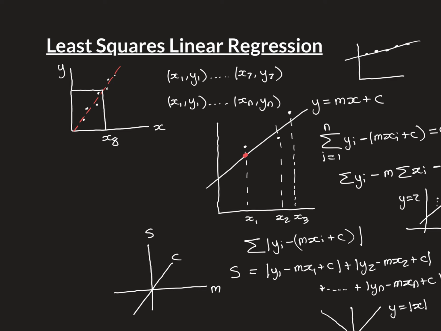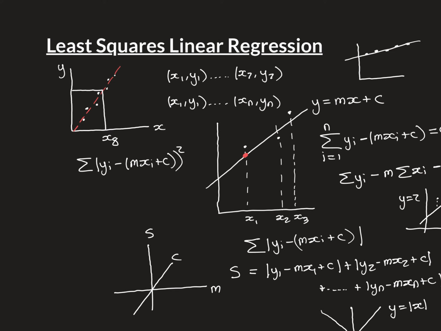So we are going to consider trying to minimize this sum instead, which is the square of those differences. We will look at yi minus (mxi plus c), squared. So that is all of these differences between the real y values and the predicted y values, which are these. And then instead of taking the absolute value, you now square them.